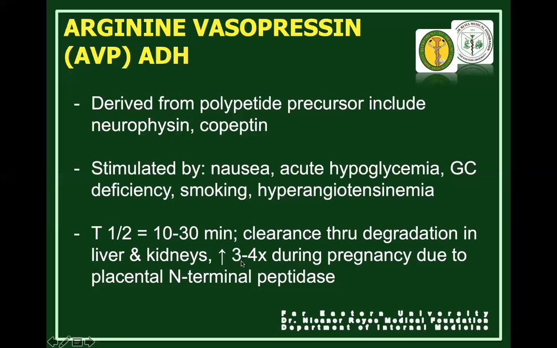There is a 3 to 4 times increase during pregnancy due to a placental N-terminal peptidase, increasing clearance.